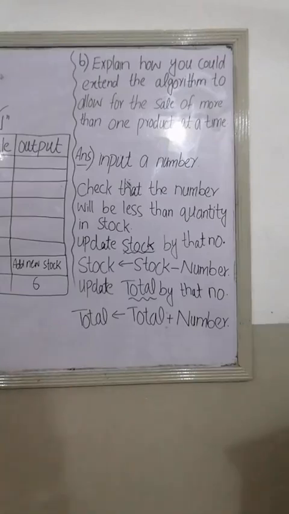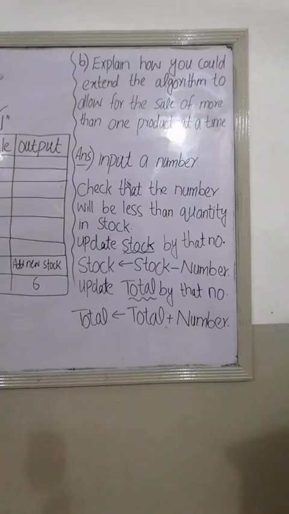So for that we have to take input a number, then we have to check that the number will be lesser than the quantity in stock. That number shouldn't be bigger than the total quantity of our stock. And next we have to update stock by that number, according to the value we are getting.